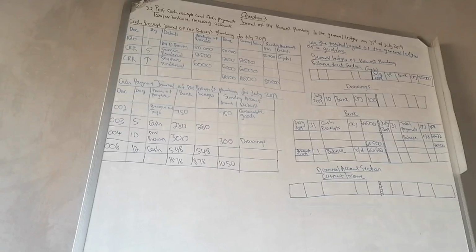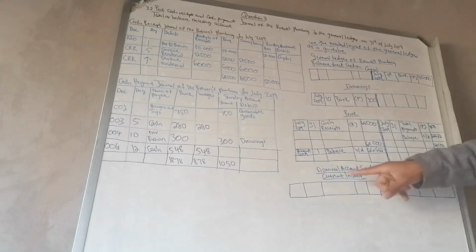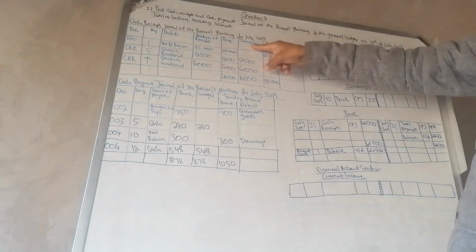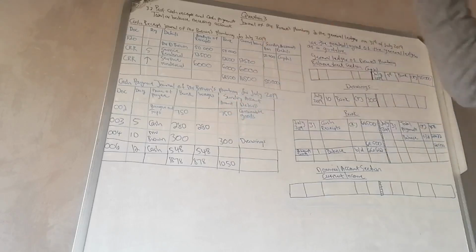Ba batla re recorde the nominal account section which is ka fatshe, current income. Current income, wena ha o sheba di journal tseo tse pedi CRJ, current income. Ka mona re na le wages, that's fine, wages. In fact, we are also recording on the right side, not on the left side, on the right side.